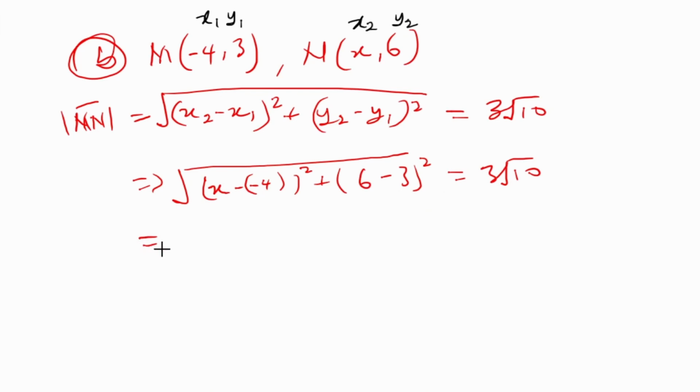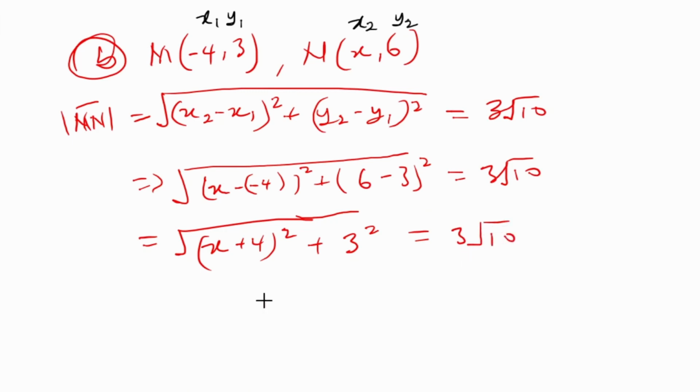Working further, we are going to have the square root of x plus 4 all squared plus 6 minus 3, which is 3, so 3 squared, equals 3√10. Simplifying further, I would like to square both sides to get rid of the square root.